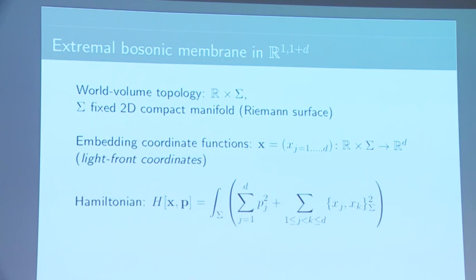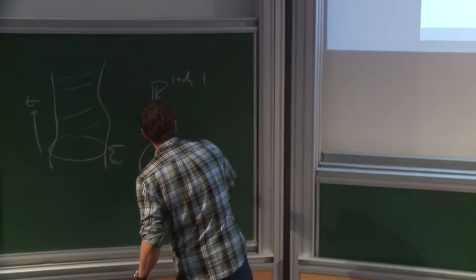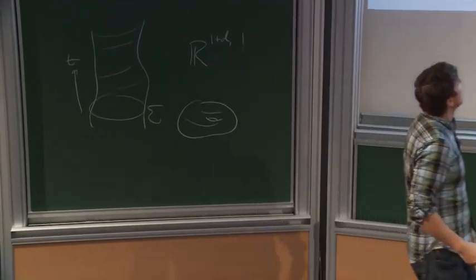We have these x coordinate functions, but also there are the conjugate momenta p. So this is then just an integral over this fixed surface here. If you want to think of it as having, maybe there is some hole in it.